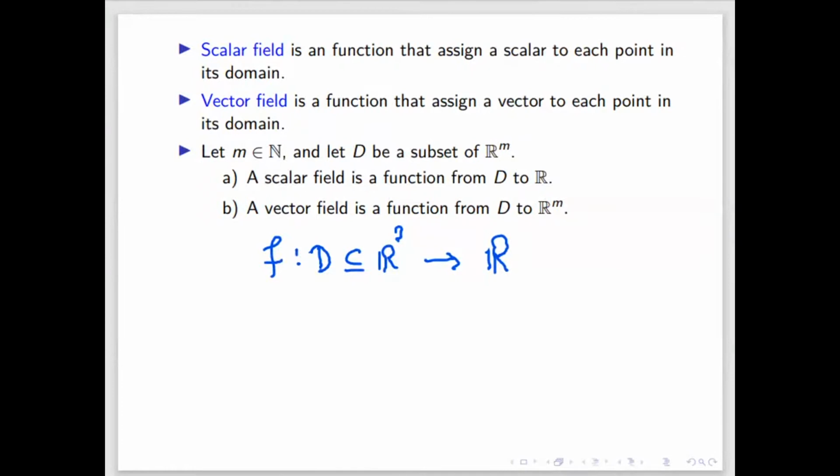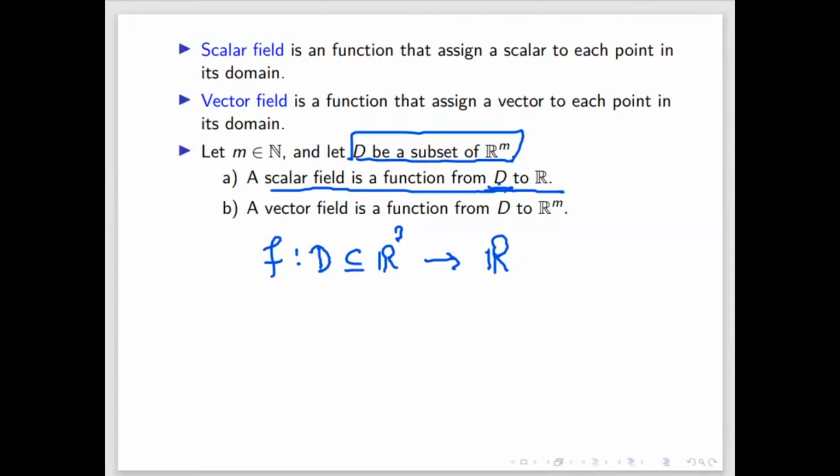Here D is a subset of Rm, so M I took 3, that means R3. Then the scalar field will be a function from a subset of R3 to R. So give me one example of a function from R3 to R.